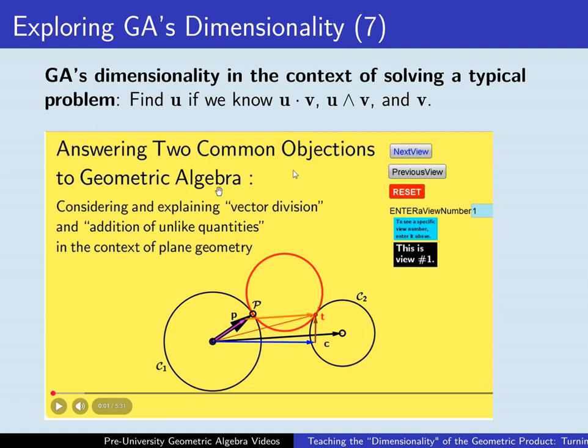For example, this older video on our channel solved a certain tangency problem, and you see the vectors p, c, and such here, and also the tangent vector here. Let's take a look at what these vectors and their dot and wedge products really look like in this context.